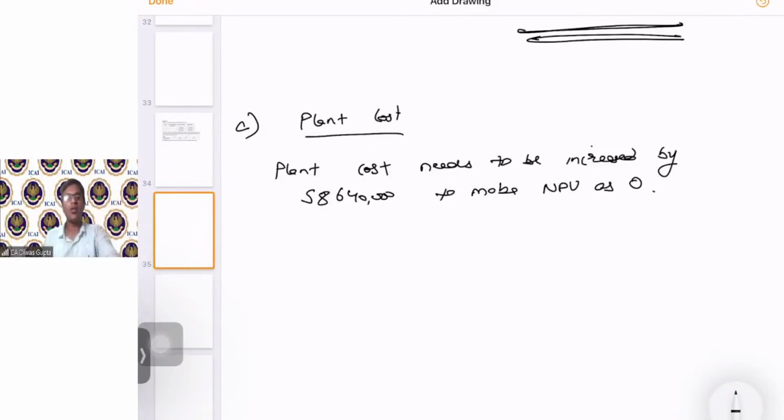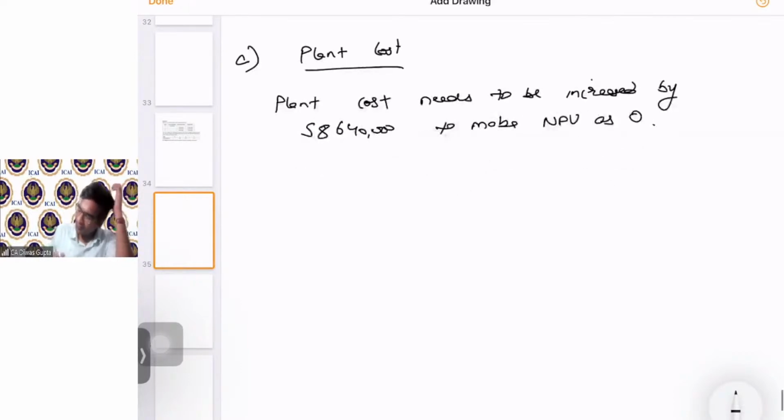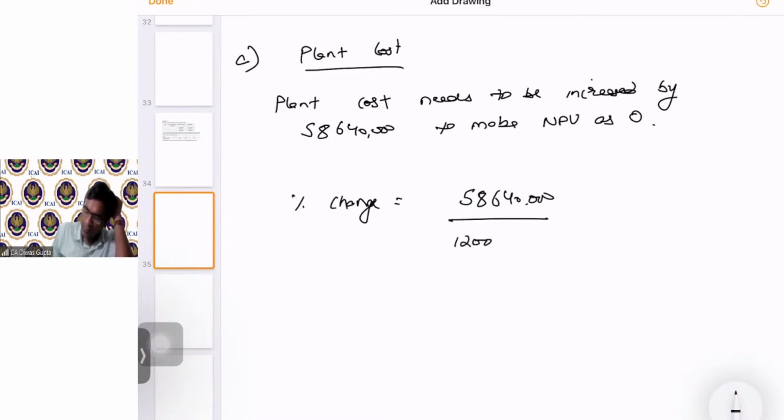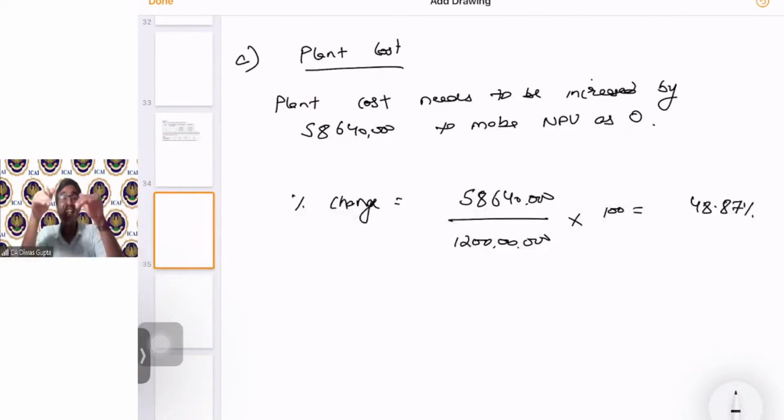So whatever you change in your plant cost, it will change your NPV to zero, correct? So the percentage change will be 5 crore 86 lakh 40,000 divided by 12 crore. This is 48.87%. So your plant cost needs to be increased by 48.87% to make your NPV zero. This is the sensitivity. Now let's take running cost.